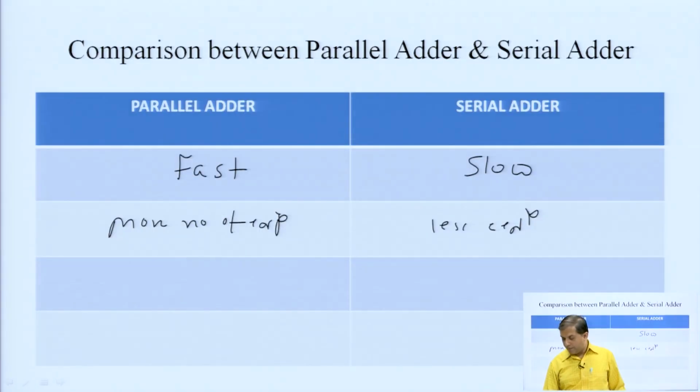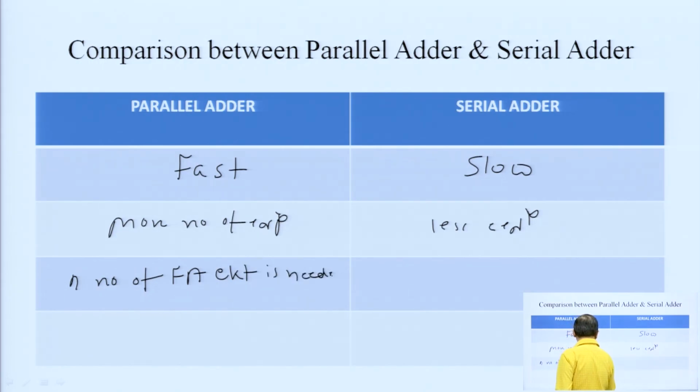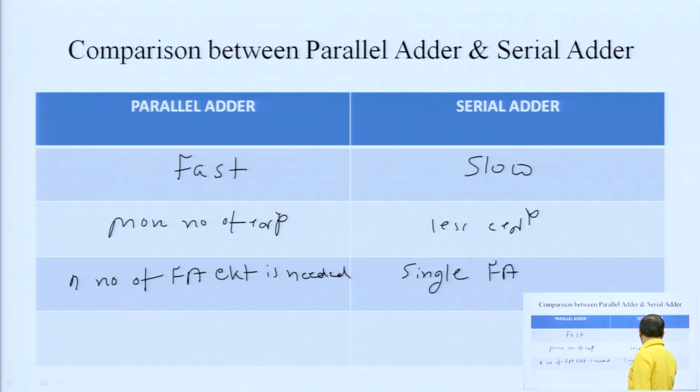So, that is the next difference: n number of full adder circuits are needed in the parallel adder, and here only a single full adder is needed.